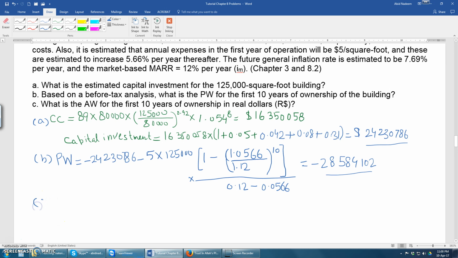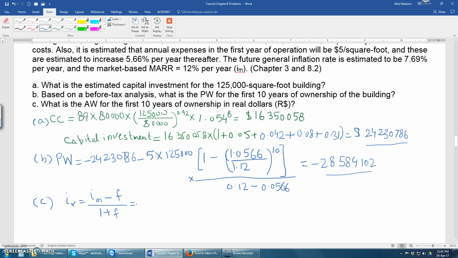The answer for part C: what is the annual worth of the first 10 years of the ownership in real dollars? Because in this case we need to find the real dollars, we must use the real interest rate. The real interest rate is equal to the market interest rate minus the inflation rate, divided by 1 plus inflation.